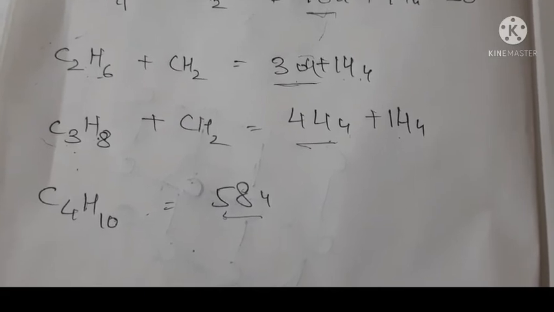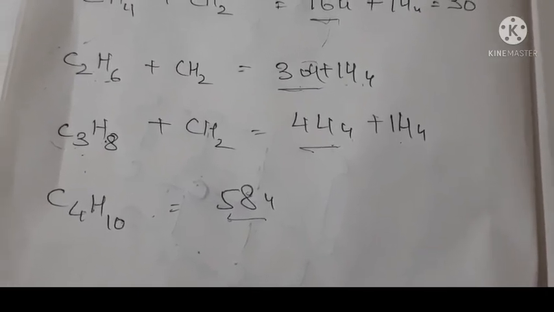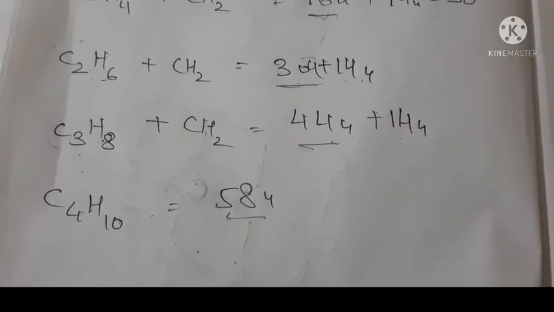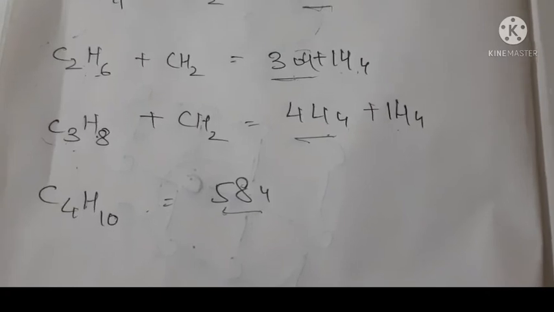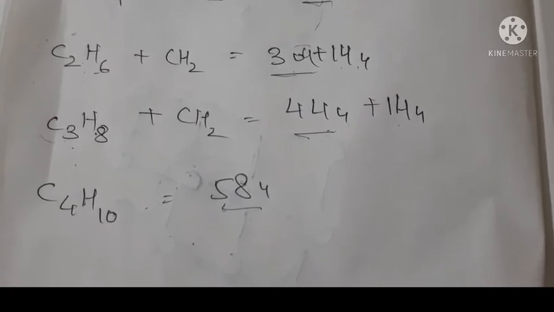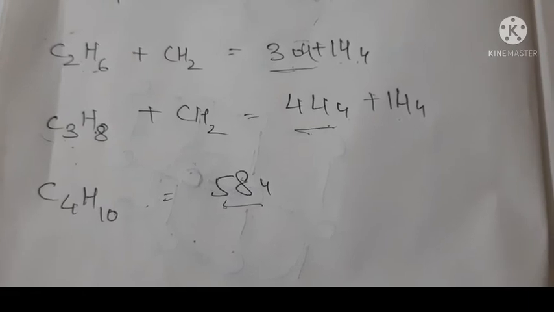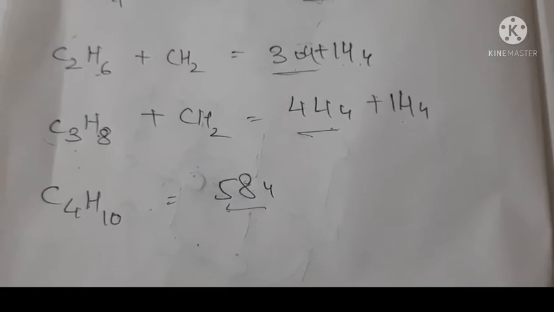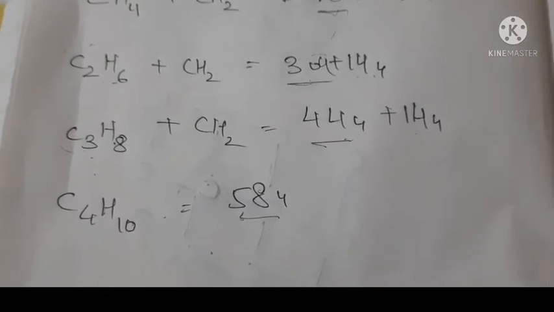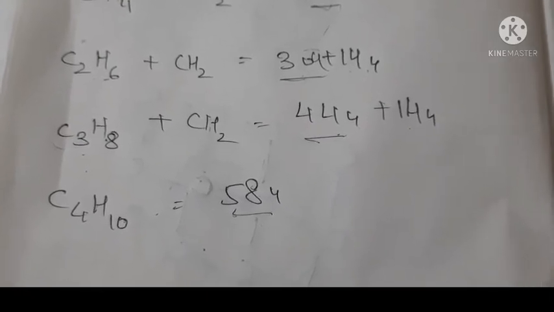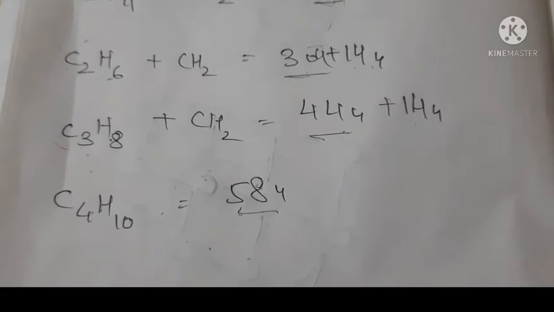So if the molecular weight of the hydrocarbon is increasing, we can say the mass of the hydrocarbon is increasing. So in order to change the state of those hydrocarbons, a high amount of heat is needed. So the melting and boiling point of hydrocarbons increases as the molecular weight increases. So the chemical properties of hydrocarbons are the same, but the physical properties are not almost the same. The melting point increases as the molecular weight of the hydrocarbon increases.